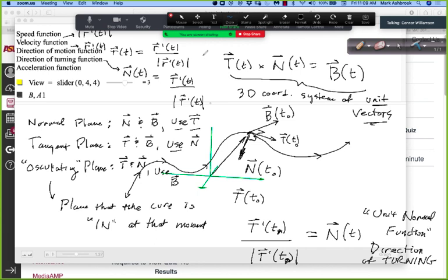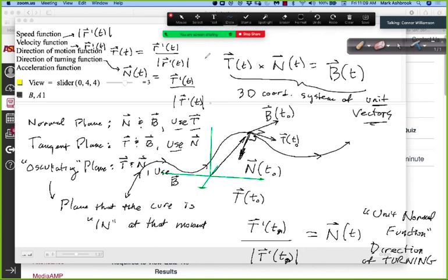I was just going to ask if T is a second derivative of R. Something like that, yes, because T is the unitized version of the derivative of R, and now we're taking the derivative of it again. So it's related to something like the second derivative of R, but it is not R double prime. We're going to do that later.